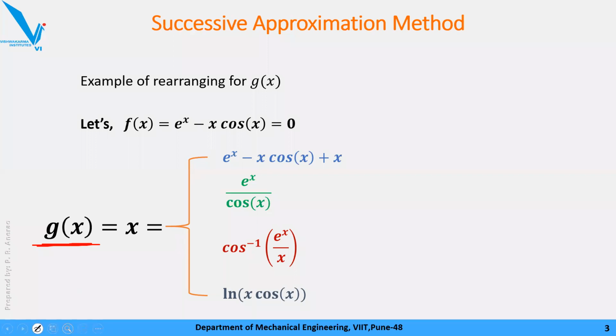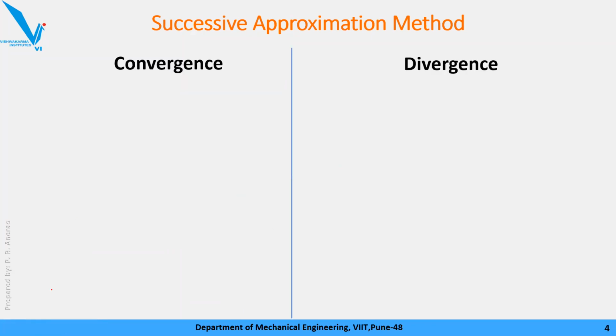Okay, so let's see. Convergence, now we know what it means: going towards the root. Divergence means going away from the root, diverting. So the formulation is very easy. If this g dash of x1 is less than 1, that means we will converge.